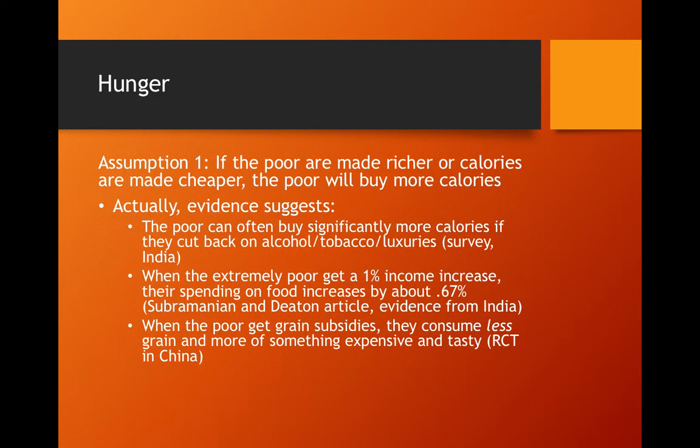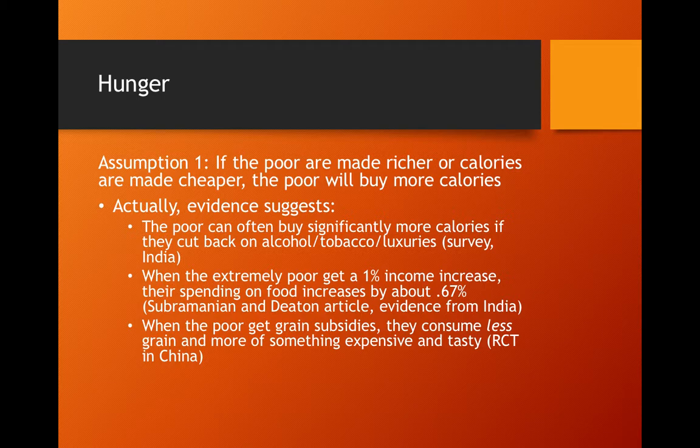So Banerjee and Duflo, as you all read, examine these very assumptions, and they don't find that they hold true. Let's look at this assumption: if the poor are made richer or calories are made cheaper, the poor will buy more calories. Actually, the evidence they find is that the poor can often buy significantly more calories if they cut back on luxuries, things like alcohol, tobacco, other things.